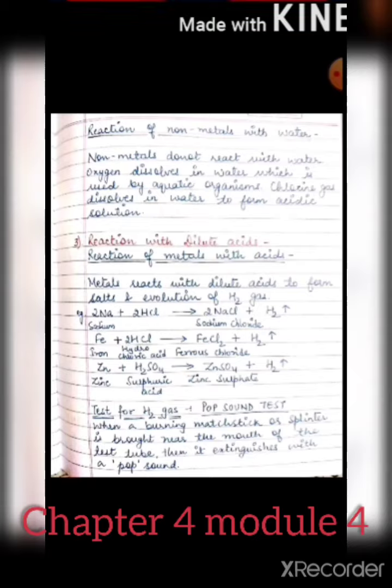Now what is the meaning of dilute and concentrated? Mainly, when the percentage of acid is more and the water in which it is dissolved is less, then the acid solution is concentrated.